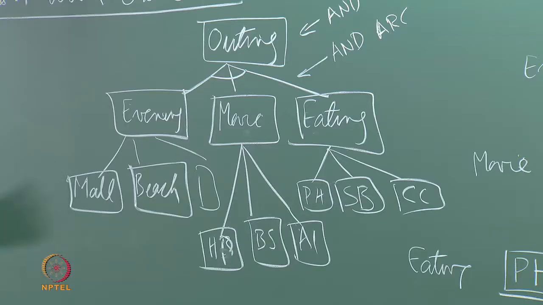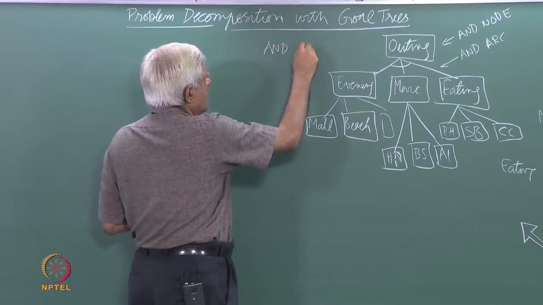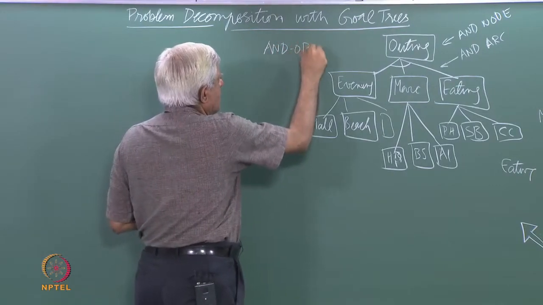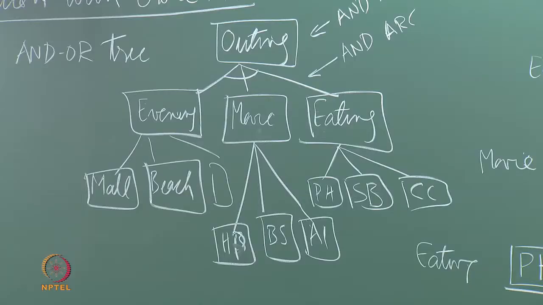Such a tree is called an AND OR tree, because it has AND nodes as well as OR nodes in them.